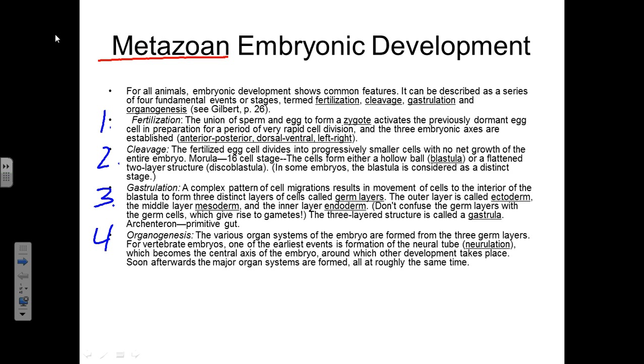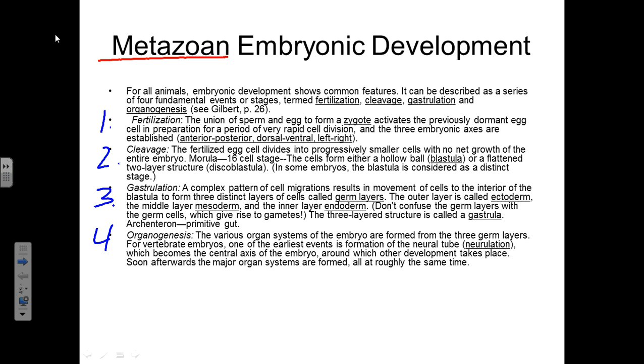And that's what's going on here. They start to make you. And one of the very first parts of you that's made is the neural tube. And what do you think that neural tube becomes? The brain and spinal cord, the central nervous system. That ought to come first, right? That ought to be one of the first things you make.